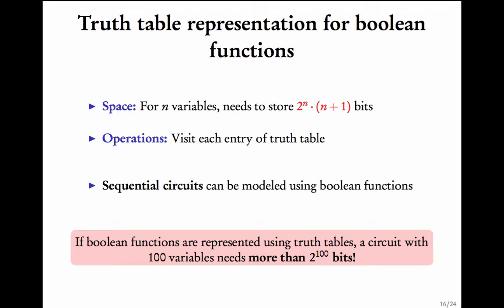Okay, and 2 power 100 is a huge number. Clearly, we need a better way of representing Boolean functions. And this is what we are going to see next, an efficient representation for Boolean formulas.